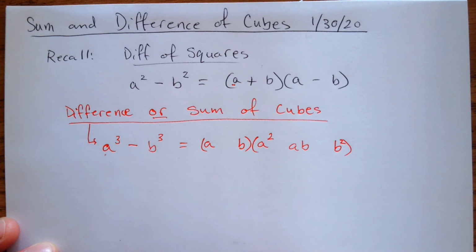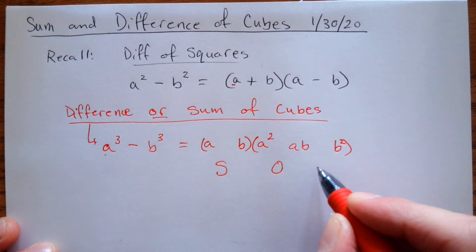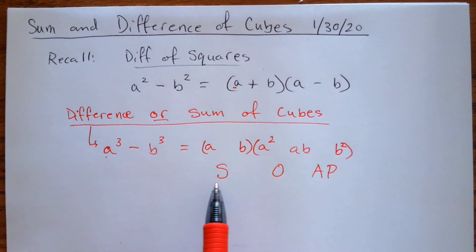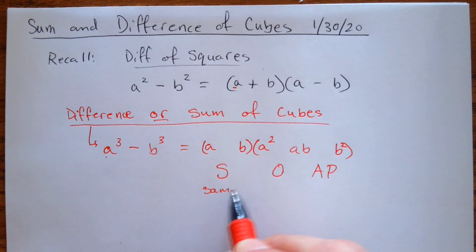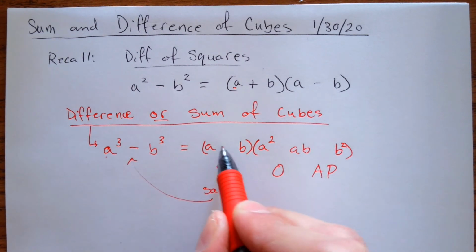And the way that I remember the symbols is by remembering SOAP. S-O-A-P. SOAP stands for same. So I'm thinking, what symbol goes here? S means same as this. So that's a minus.